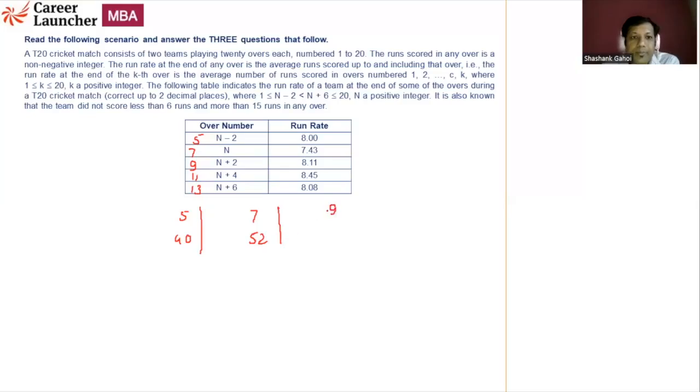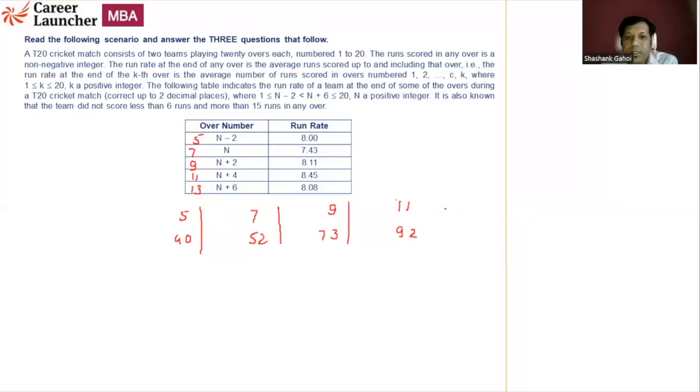Till 9th over, it is going to be 72 plus 1, 73. Till 10th over, till 11th over, it was 88, 88 plus 4, 92.